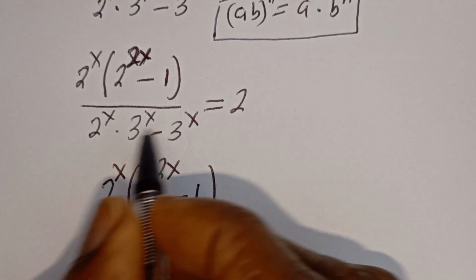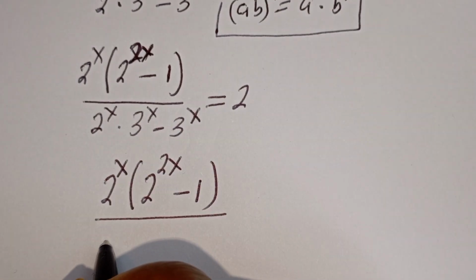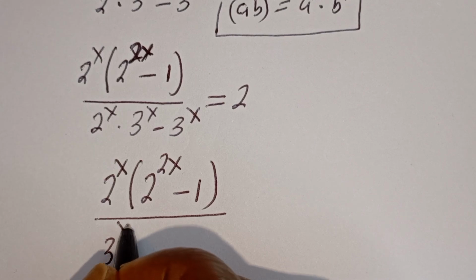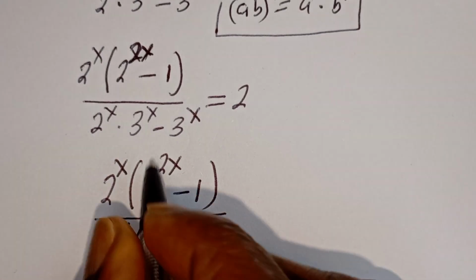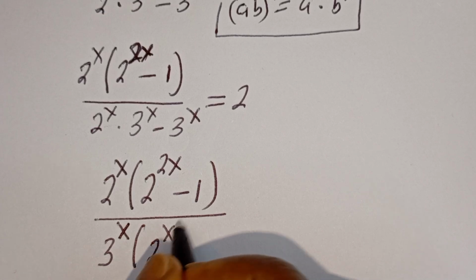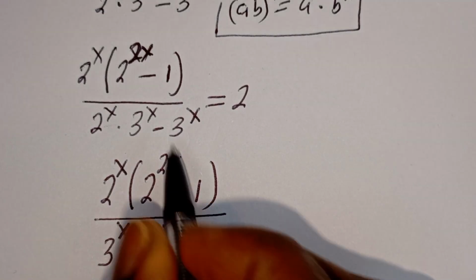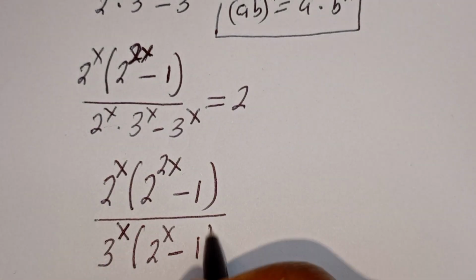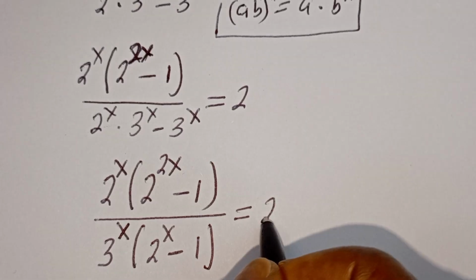divided by, here 3^x is common, let's bring it out. We have 3^x bracket, this divided by this, we have 2^x minus this divided by this, 1, is equal to 2.